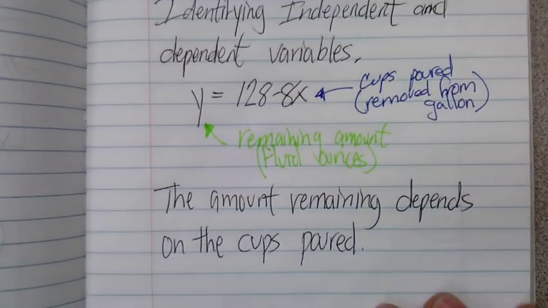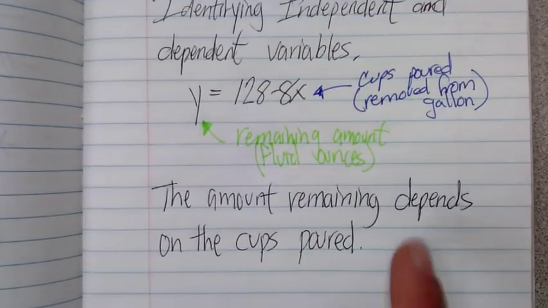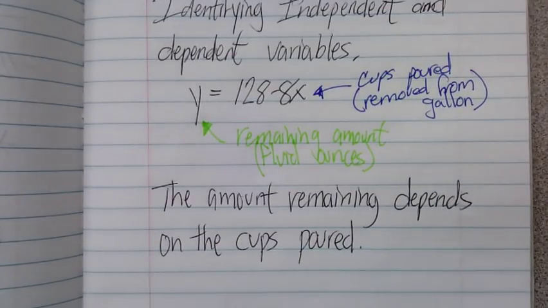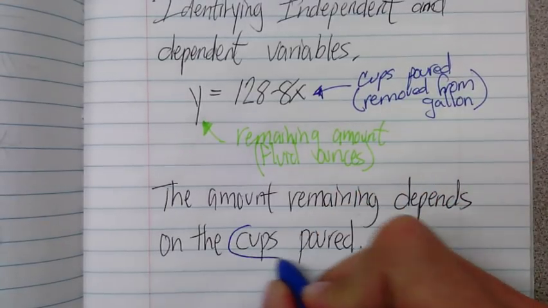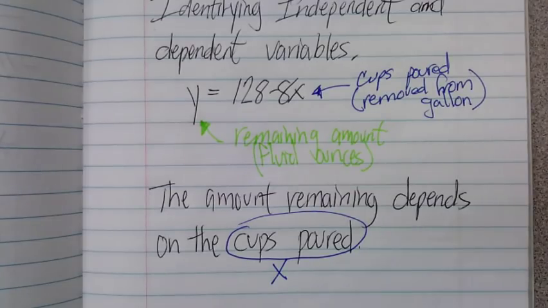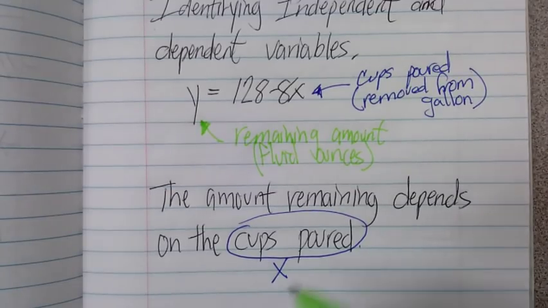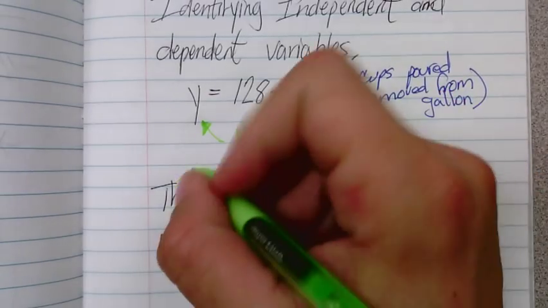So go ahead and pause, and I want you to label X and Y on this sentence. Which one is the X? Which one is the Y? Make sure you pause before you do it. I want you to be able to identify which is independent.